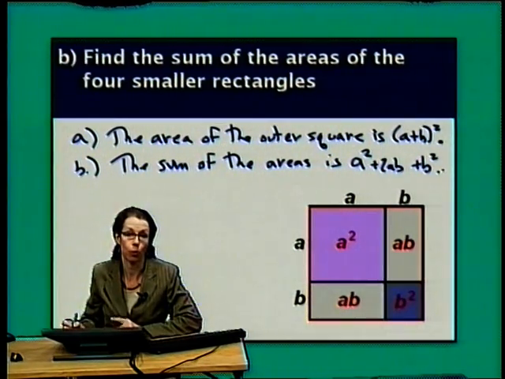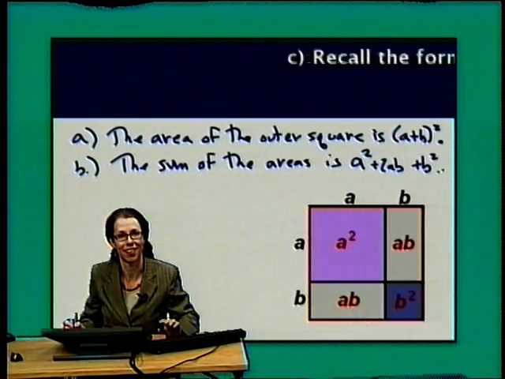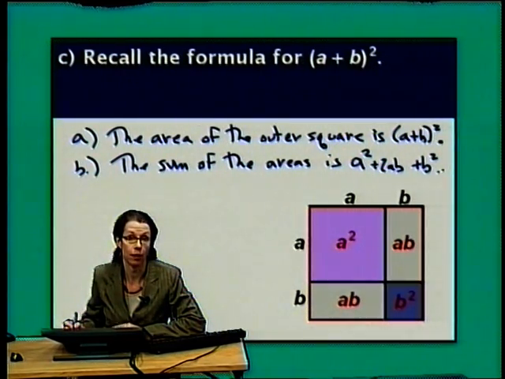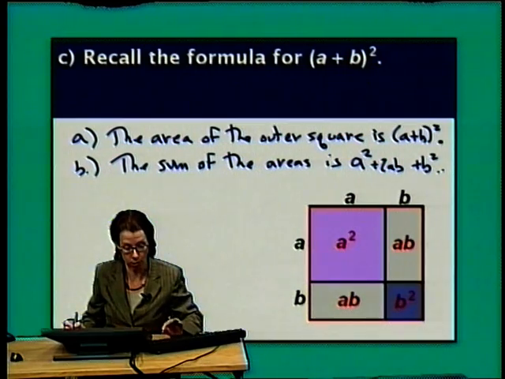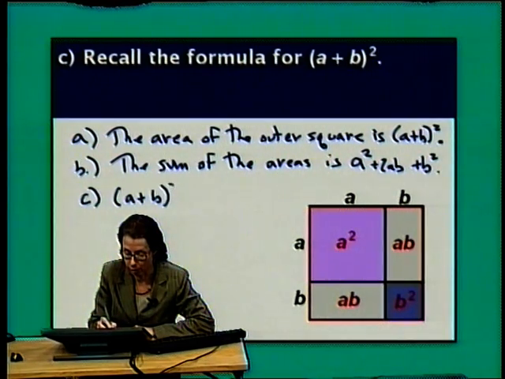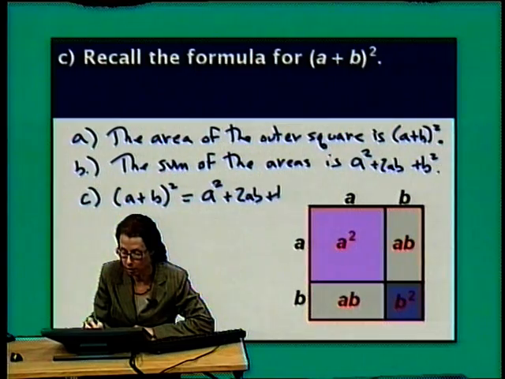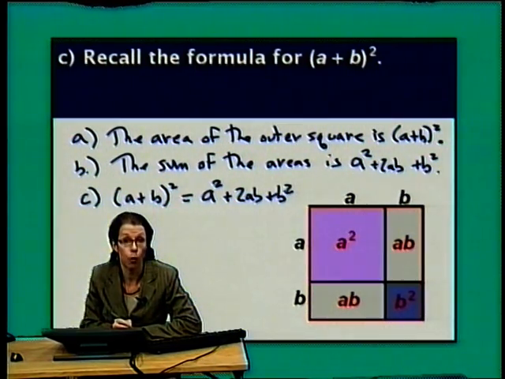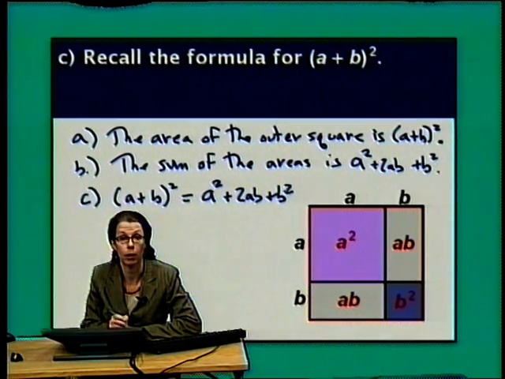Now you may wonder, why did I write things in that order? That's because we have a formula for writing the product of a plus b quantity squared. Remember what that formula is. That formula tells us that a plus b quantity squared is a squared plus 2ab plus b squared. You derive this formula by just applying FOIL to the binomial a plus b times a plus b.